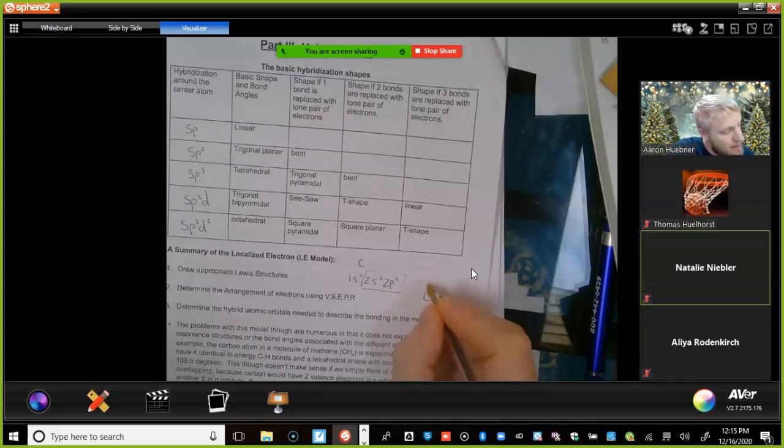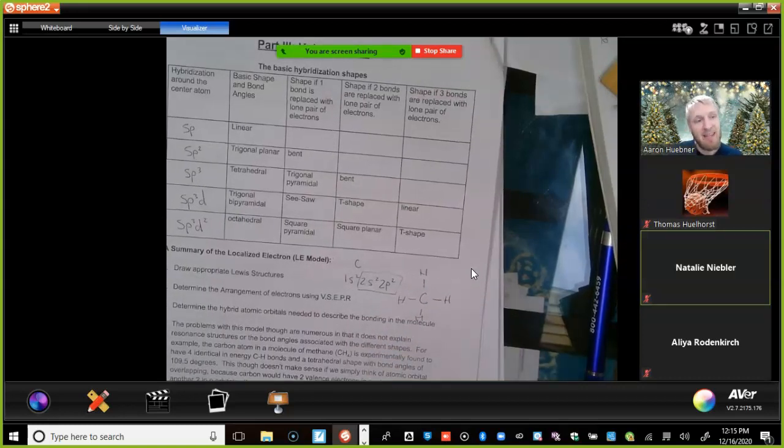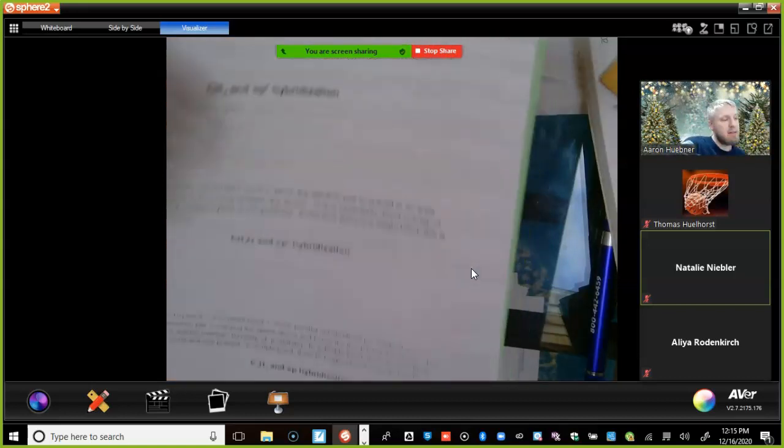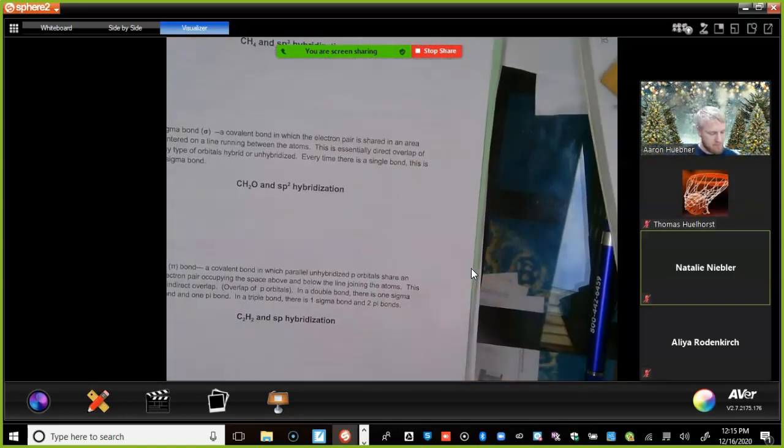So this looks very much like 90, but they do a bunch of sophisticated experiments that are beyond this course. Don't have to worry about it. They found that it's 109.5, and so hybridization theory is there to explain that. All right. What we got: CH4 and sp3 hybridization.